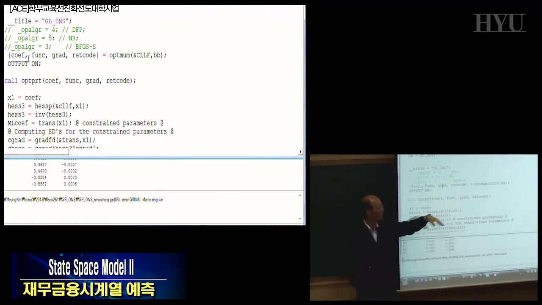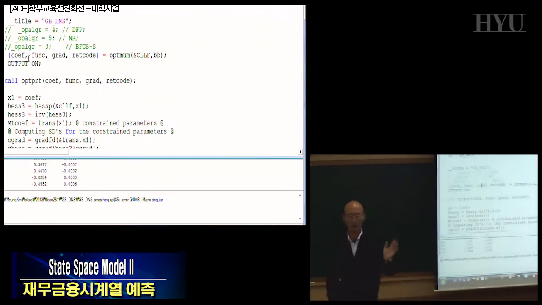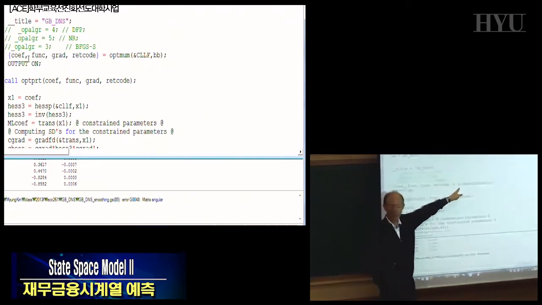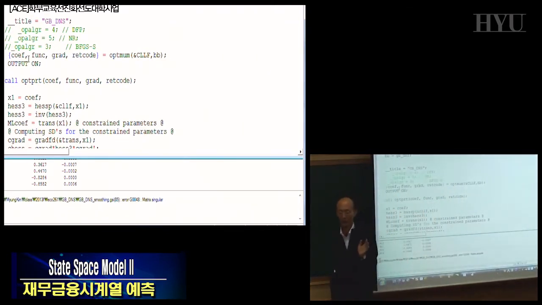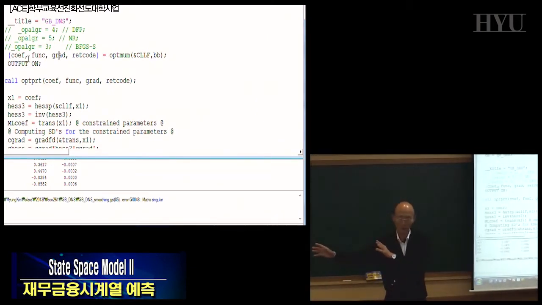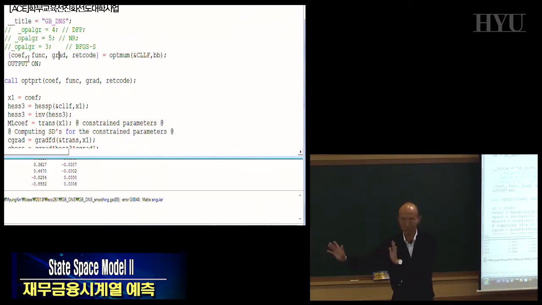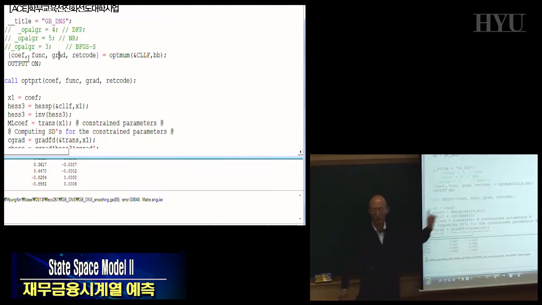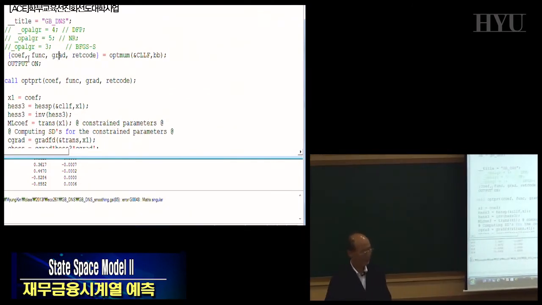This one returns a number, 0 up to 10 something. If the return code is 0, then you had no problem implementing your optimizer. And if you receive another return code, 1, 2, 3, 4, then you have to go back and check their manual to see what the problem was. So usually you expect this value to be 0 when it's completed without any problem.